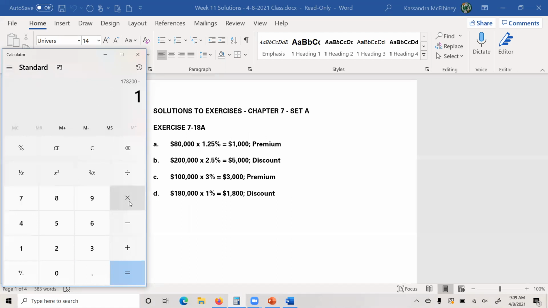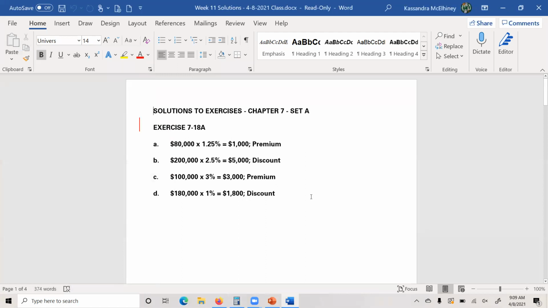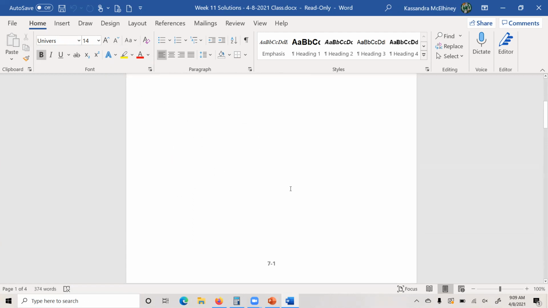Subtract from that $180,000 of face value, and the remainder is a $1,800 discount on the issuance of those bonds. So recap, part A is a $1,000 premium, B is a $5,000 discount, C a $3,000 premium, and D a $1,800 discount. Something like that would make a good exam question, hint, hint.